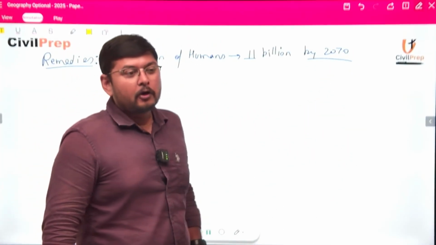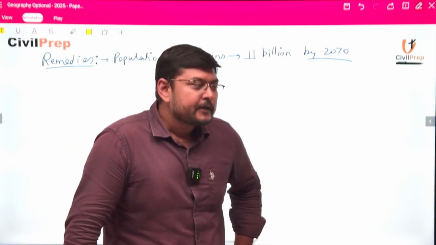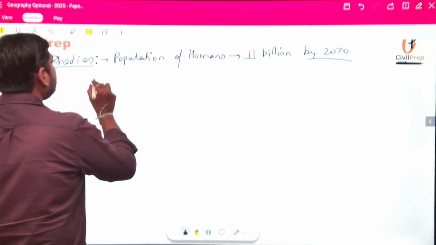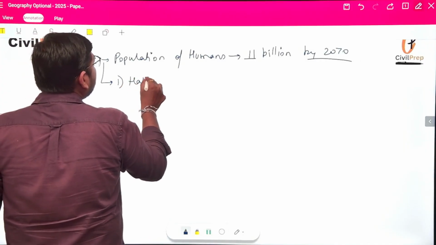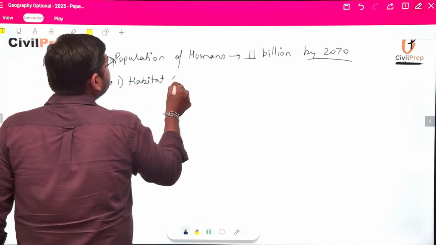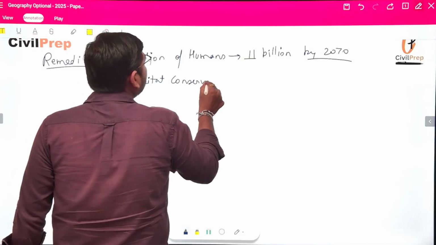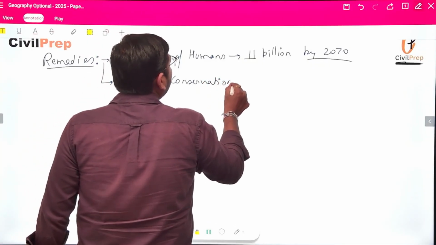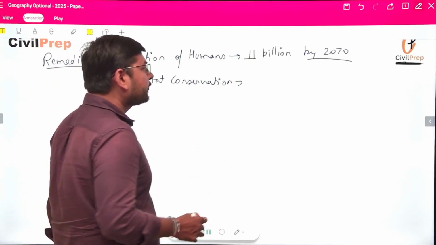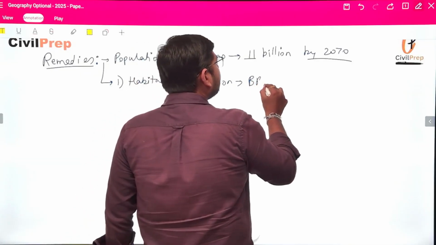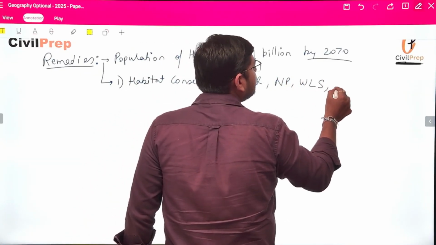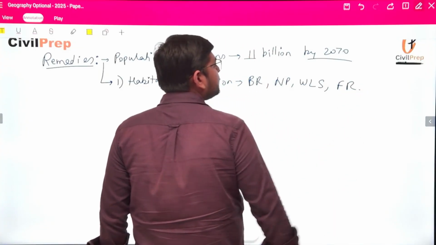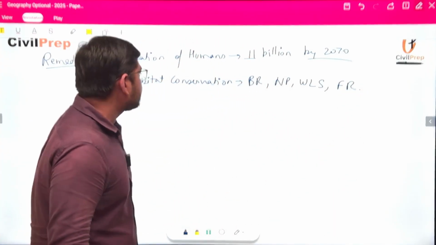We will be adding almost 3 billion to the population. So what we need to do here is, number one, proper management of habitat conservation, in the form of biosphere reserves, national parks, wildlife sanctuaries, and forest reserves. This can be taken up as part of a solution.